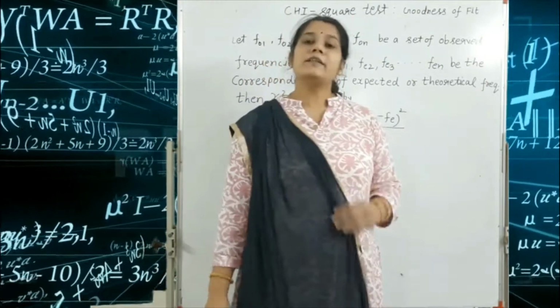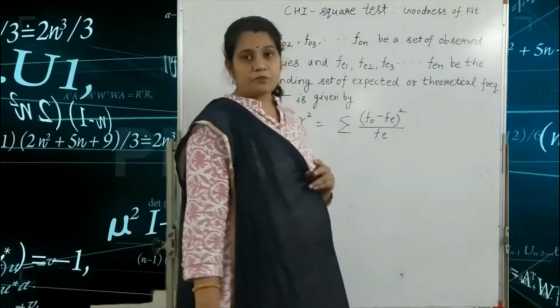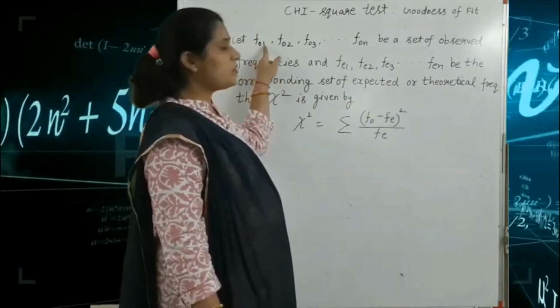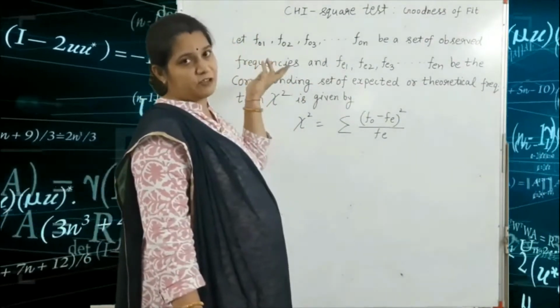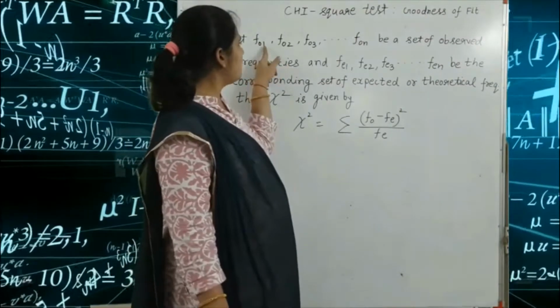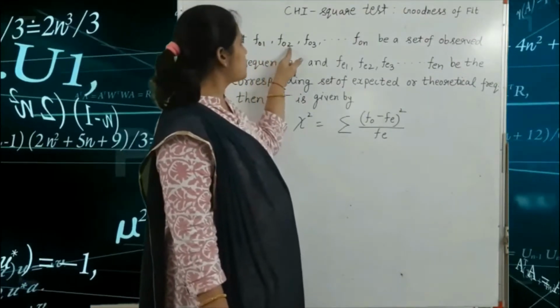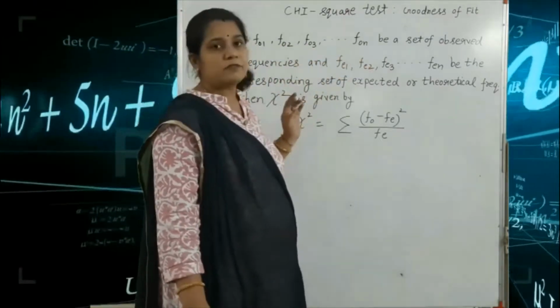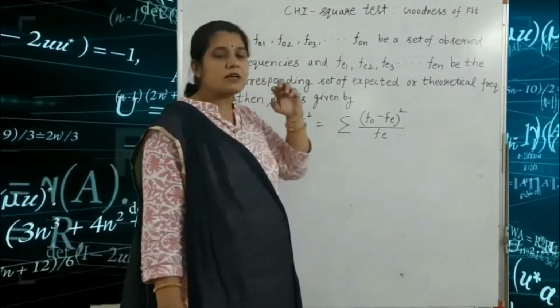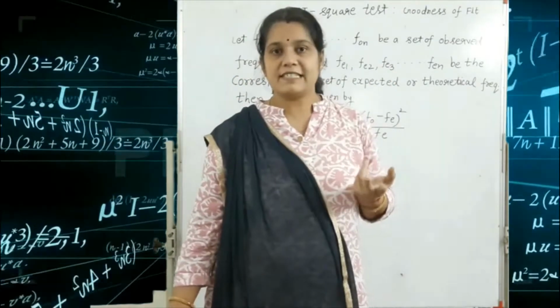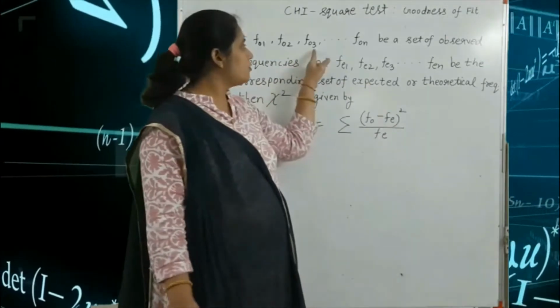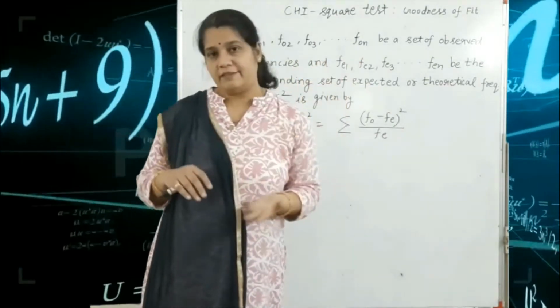In the chi-square test, the formula is: let F01, or you can say O1, F02, F03 up to F0n, be a set of observed frequencies. Why do we write O here? Because this is the observed frequency. Got it?